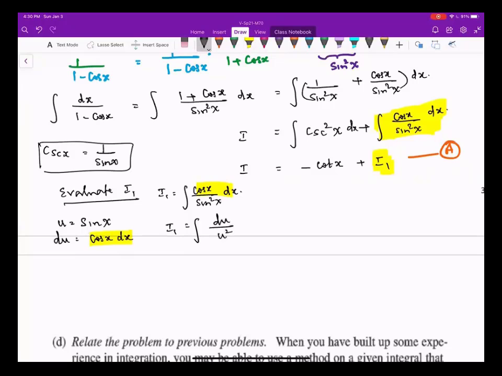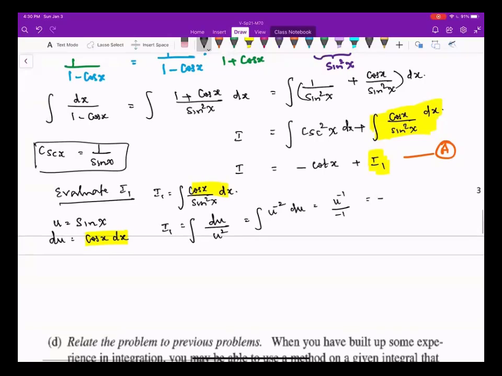The denominator is u squared, since sin x equals u. So it is the integral of u to the negative 2 du. By the power rule, it is u to the negative 1 over negative 1 plus a constant. So it is negative u to the negative 1, but u equals sin x, so it's negative sin x to the negative 1, or negative 1 over sin x.